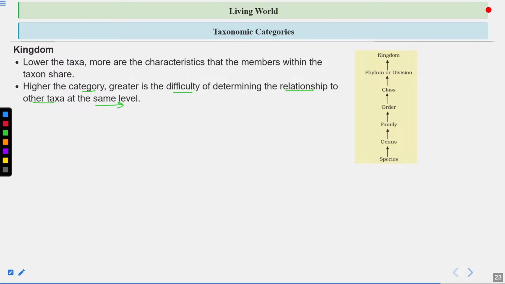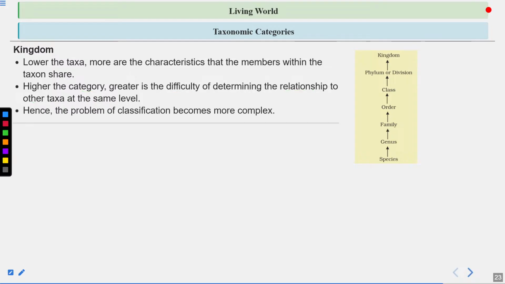Clear? How can we determine the relationship if there are no similar characteristics? They are similar in just a few characteristics, so it is very hard to determine the relationship among the organisms. Hence the problem of classification becomes more complex, usually at the higher taxon.